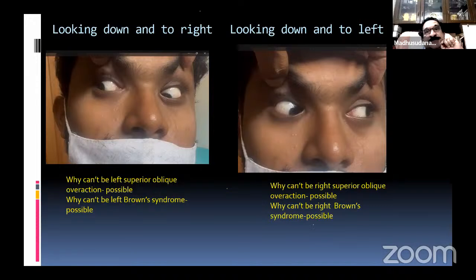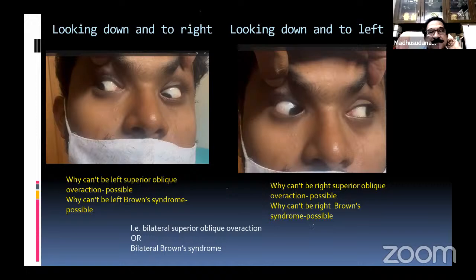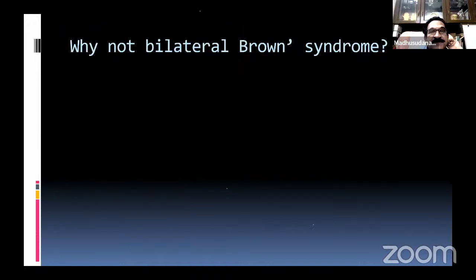There's a restrictive ophthalmopathy where, in the adducted position, the eye cannot elevate, and the superior oblique will not relax. That prevents the inferior oblique from producing elevation, because to produce elevation the antagonist, the superior oblique, has to relax. That will not occur because of the restrictive ophthalmopathy. Anyway, this is superior oblique overaction or bilateral Brown syndrome. These are the two differential diagnoses you have to keep in mind. Why not bilateral Brown syndrome?